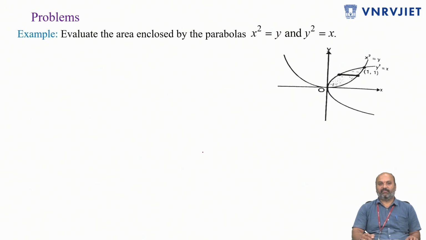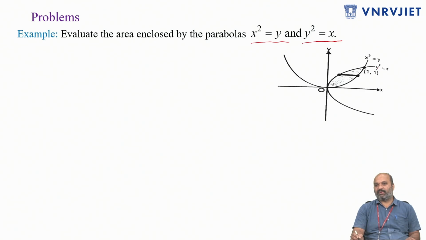Let's evaluate problems. Evaluate the area enclosed by the parabolas x squared equals y and y squared equals x. Both are parabolas. x squared equals y is symmetric about the y axis, and y squared equals x is symmetric about the x axis.